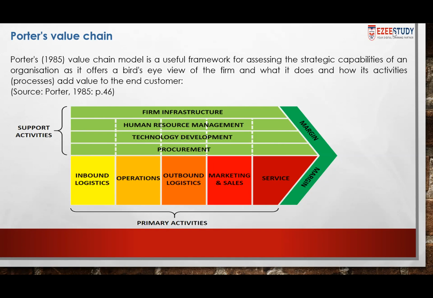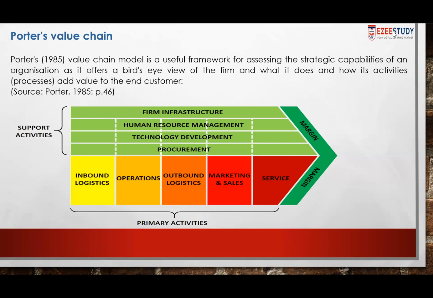we all buy products and services from different organizations. So let's take an example of a cell phone. When we buy a particular cell phone, for us, it's a single product. But when we look at it from a company's perspective, that product is actually a result of a series of activities.